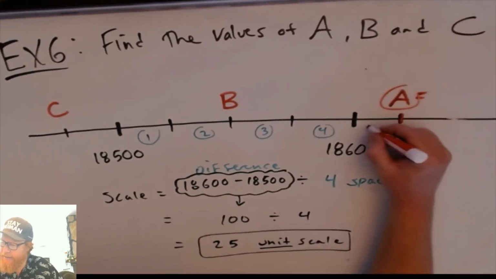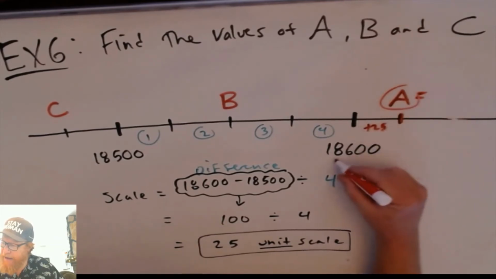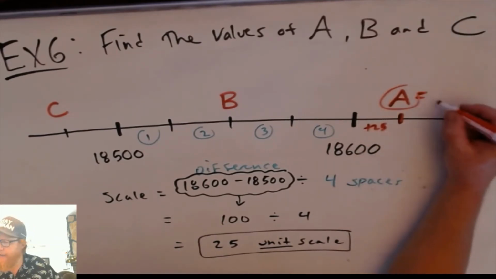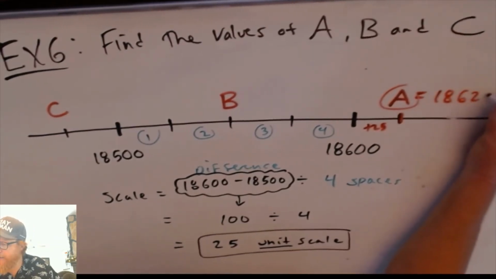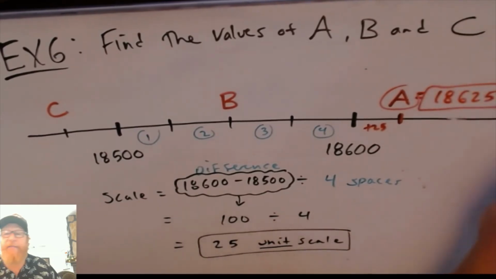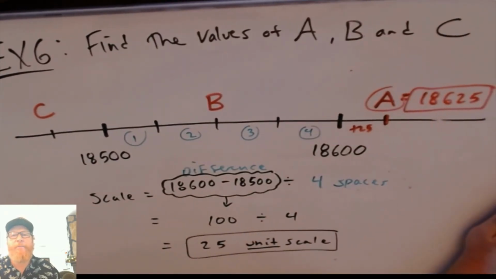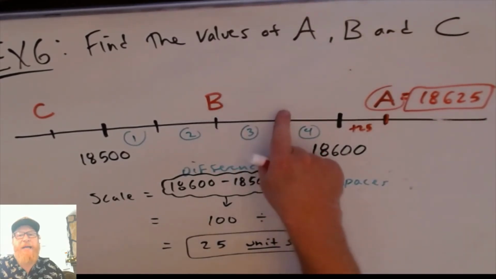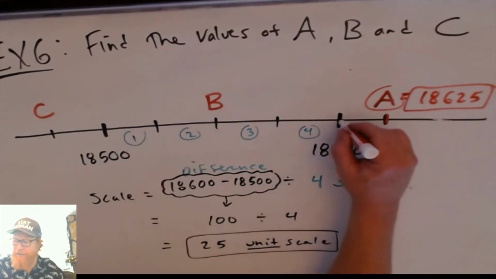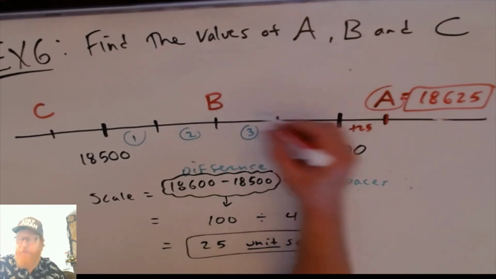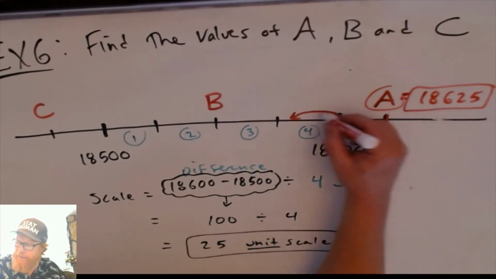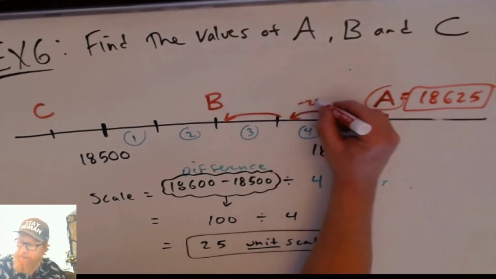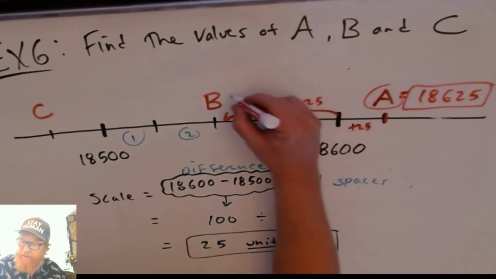A is plus 25 from 18,600, so that'll be 18,625. All right. B, again, you can either go minus if you go backwards. So that would be minus 25 minus 25.